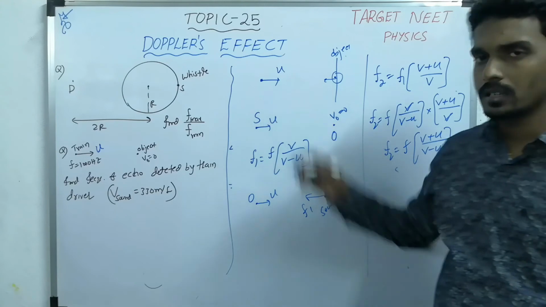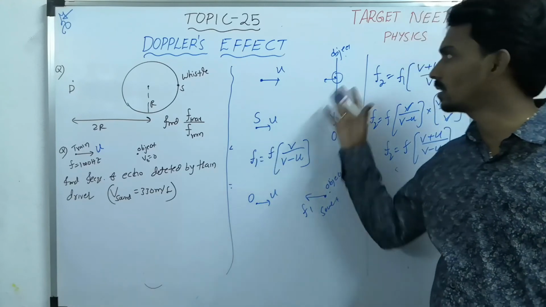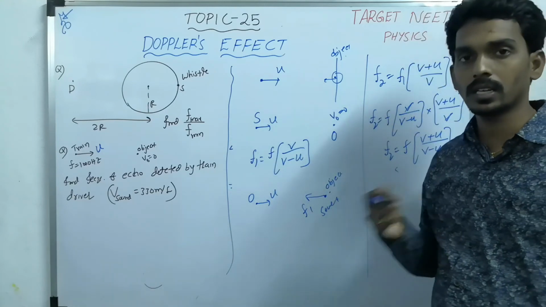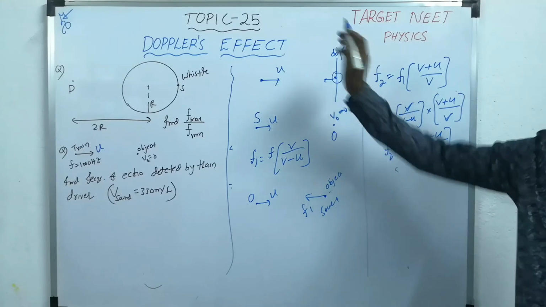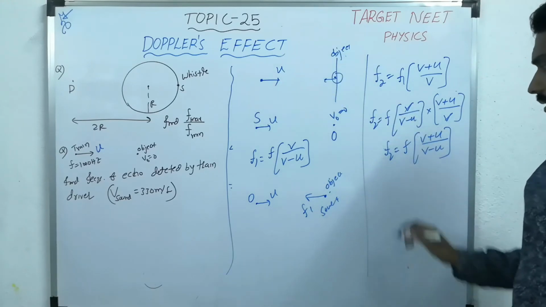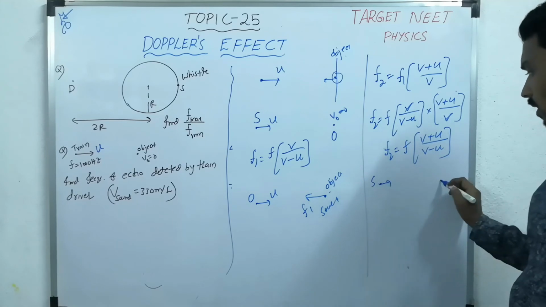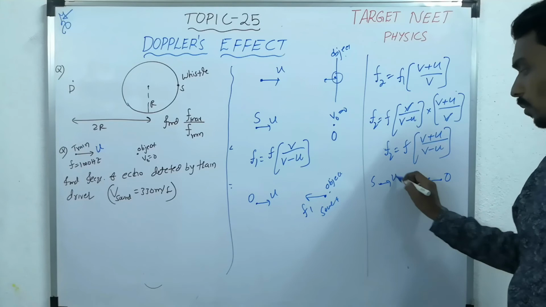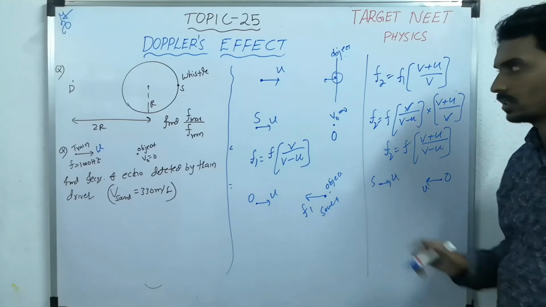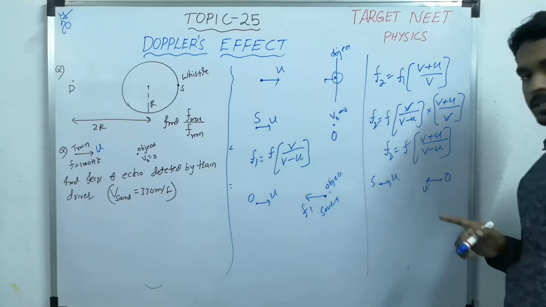So if a source is approaching towards a stationary object, then the situation is like source and observer approaching with the same velocity. This situation is nothing but this situation.